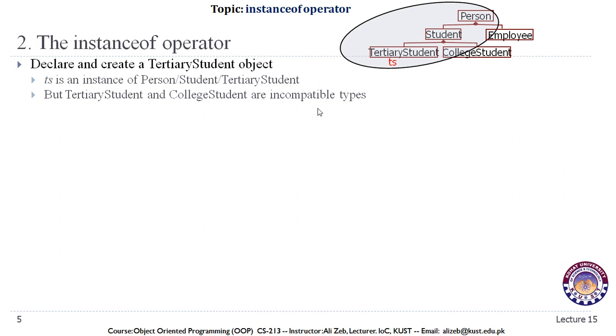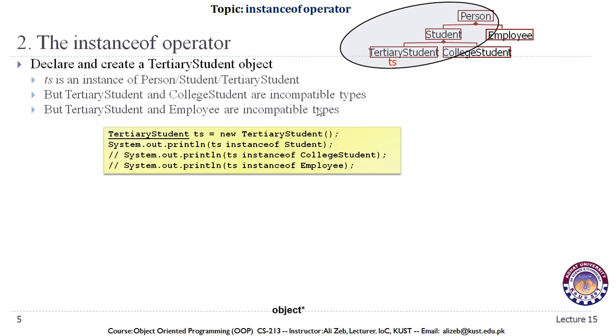So TS, declared using the TertiaryStudent reference, is an object of the TertiaryStudent class, which in turn is an object of the Student class and also an object of the Person class.